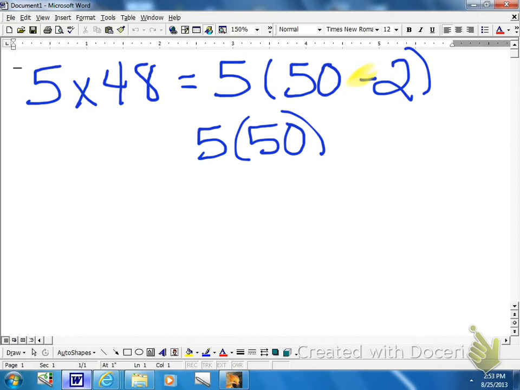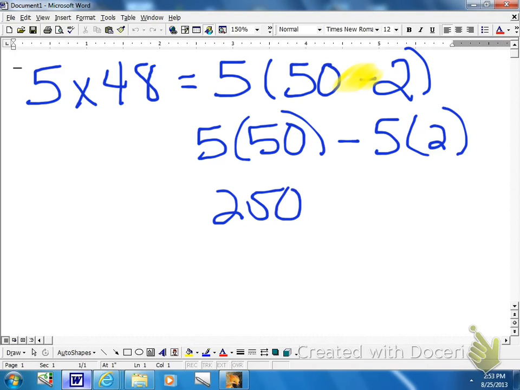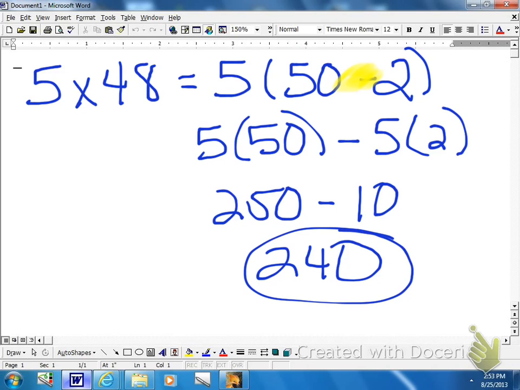Now, we're subtracting, don't forget that, minus 5 times 2. Well, 5 times 50 is 5 times 5 is 25, put my 0 in there. Minus 5 times 2 is 10. 250, take away a 10 is going to give me 240. And yes, same answer for that problem. So you could solve that 2 different ways. It's up to you.